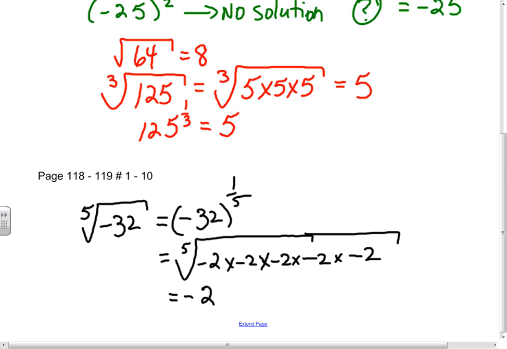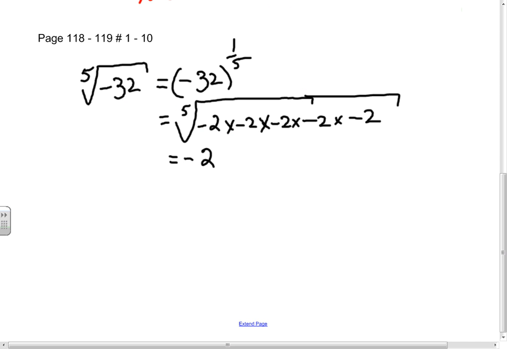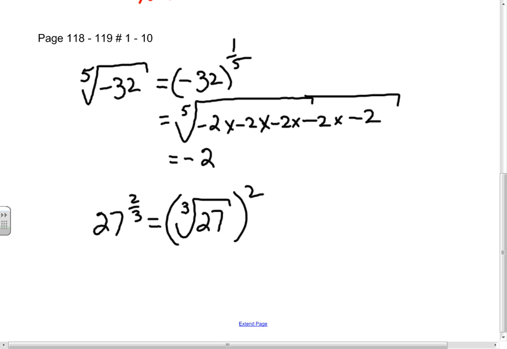And the last one, let's do this one: 27 to the 2/3 equals the cube root of 27, which is what the 1/3 does, and then square that number. So I have chosen to do this first and do the square second. Order doesn't matter. Cube root of 27 is 3, and 3 squared is 9.